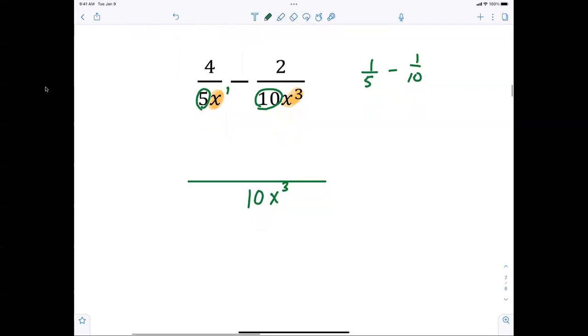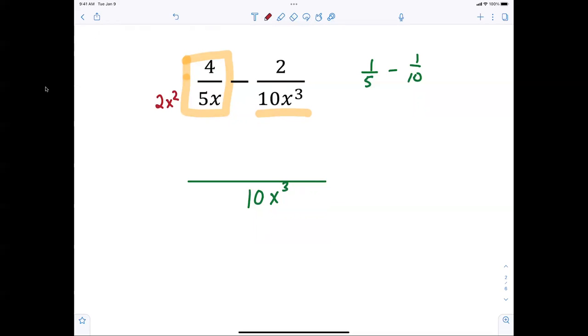Now, from the first fraction, I need the denominator to be 10x cubed. So what do I have to multiply the second fraction by? Come on, guys. I need to multiply by 2x squared.